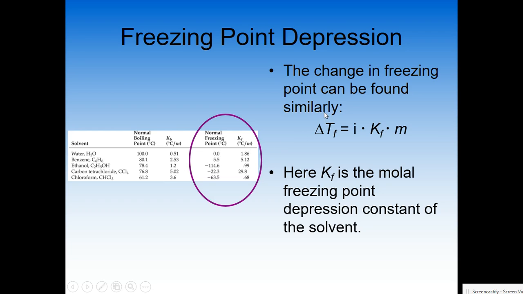The change in the freezing point, which we'll go over first, is found by this equation: delta Tf is equal to i, and we'll go over what i is and how to calculate it, times Kf, the freezing point depression constant, times m, which is molality. Make sure you write that equation down into your notes.